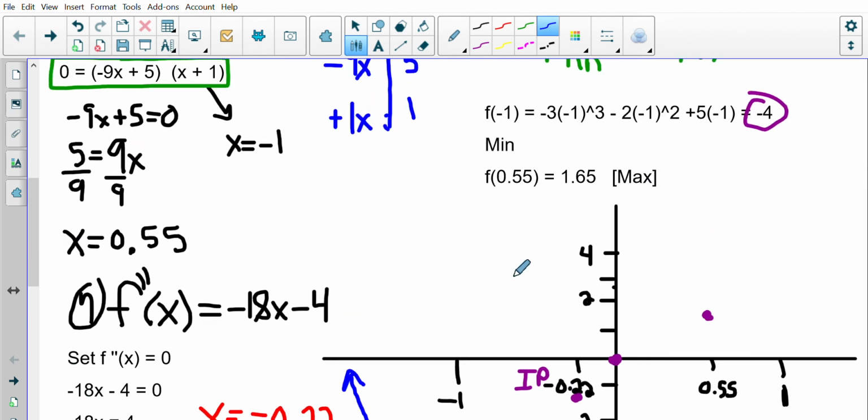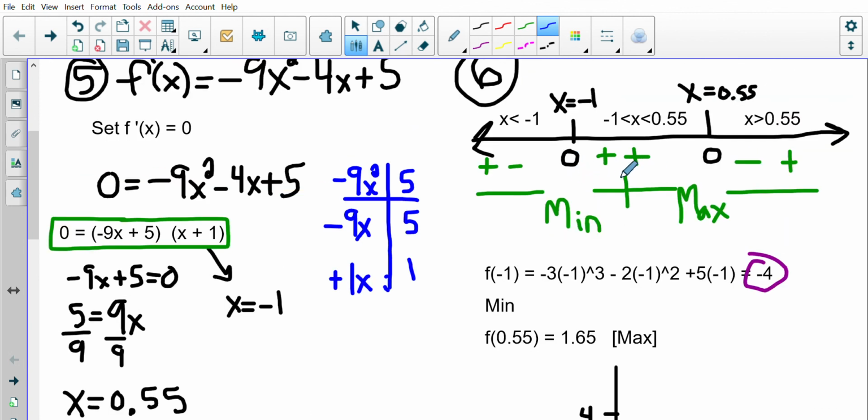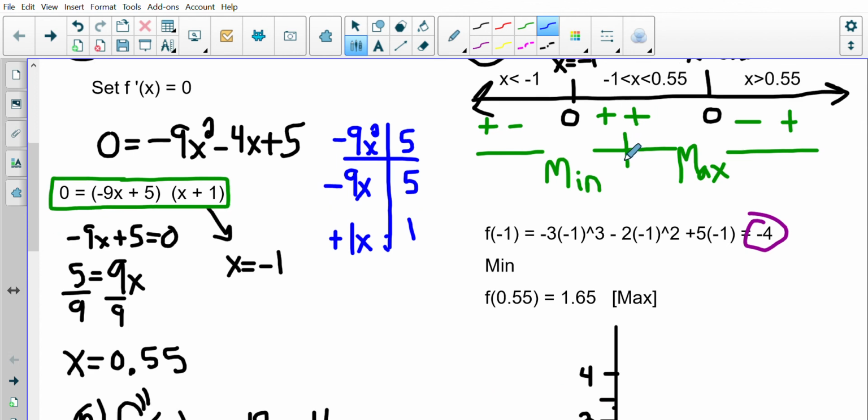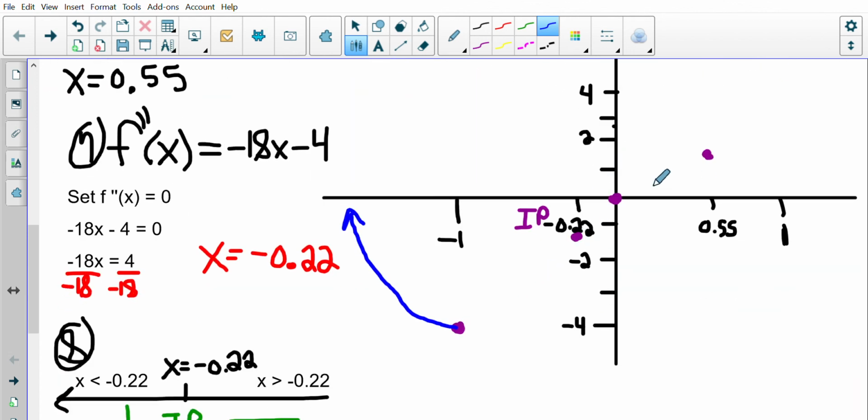So our first derivative now tells me from -1 to 0.55, it's increasing. Which makes sense if we look at our dots, it's telling us that already. But it's concave up all the way to this spot. So I'm going to mark that, CU, but then it flips.